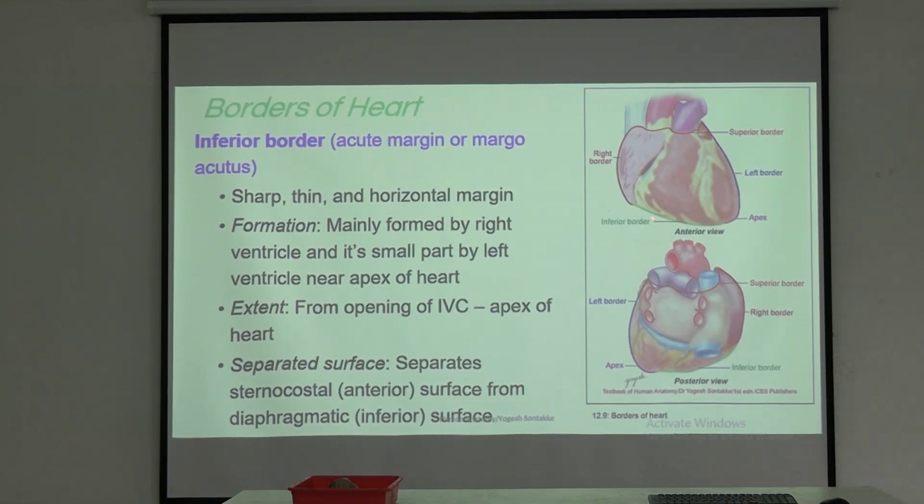It is majorly contributed by the right ventricle and partly by the right atrium and the left ventricle. So it is from the apex to the inferior vena cava. And along this border, we can find one branch of the right coronary artery, which is the marginal branch.